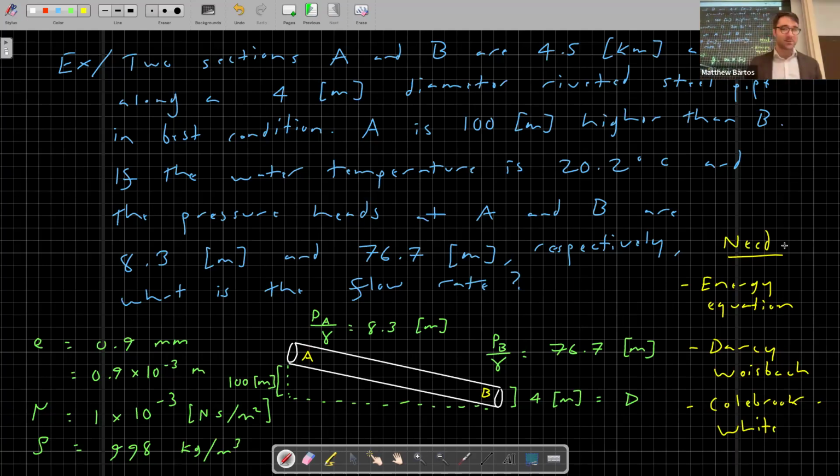So we're going to end up using a lot of equations here. These are the 3 main ones. And then in each of these, we'll also have some equations that we'll need to solve the individual terms within these equations. But yes, we will also need Reynolds number to determine turbulence, and it's also used in Colebrook-White. Okay, so let's start by doing an energy balance. That's generally a good place to start.